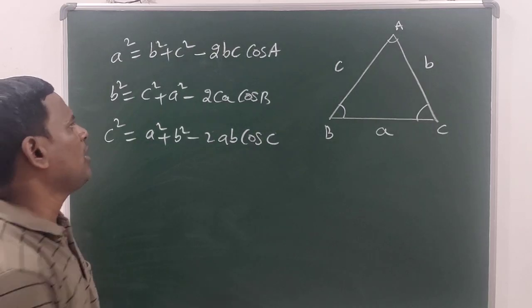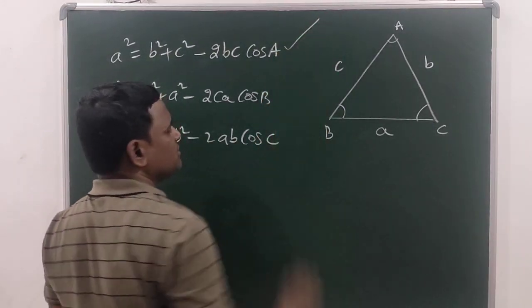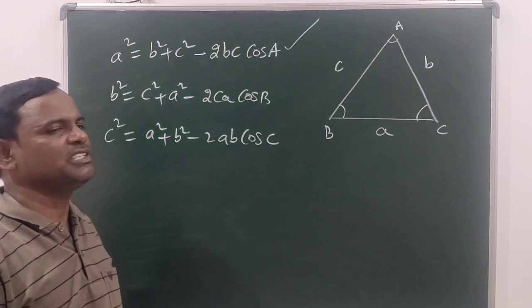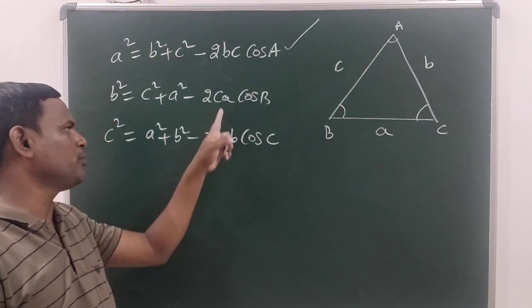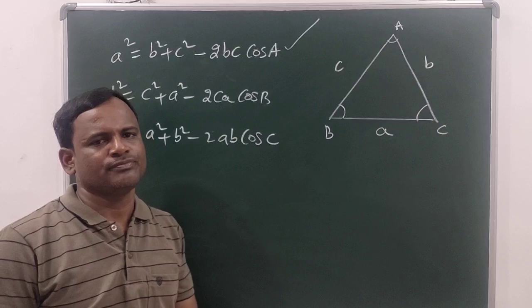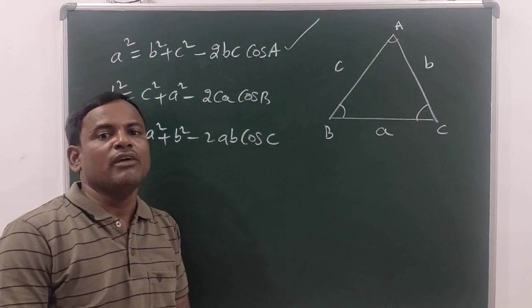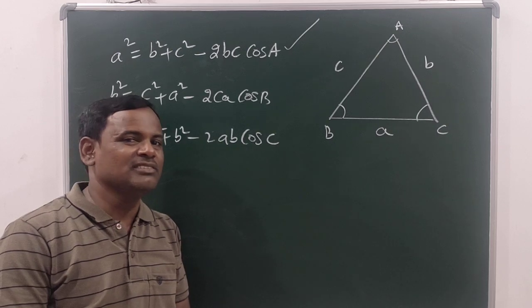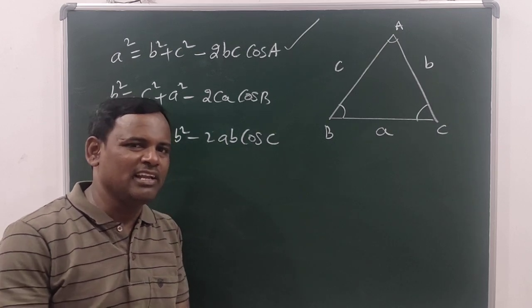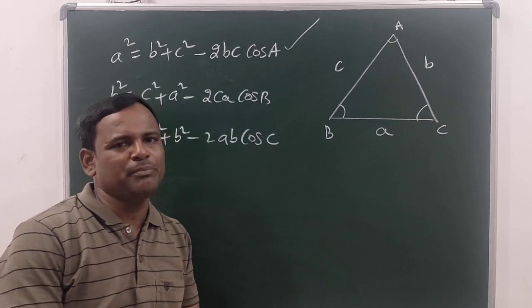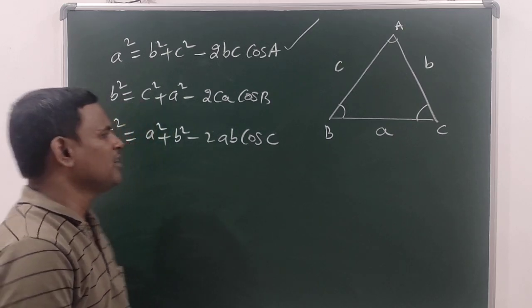Okay. Now I will explain. So this first rule, a square is equal to b square plus c square minus 2bc cos A. Similarly, you can prove these two. Okay, students. Even to prove this first one, I would like to consider angle A is acute, angle A is a right angle, angle A is obtuse, same as the previous one. Okay, right.